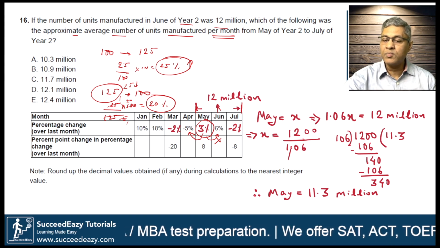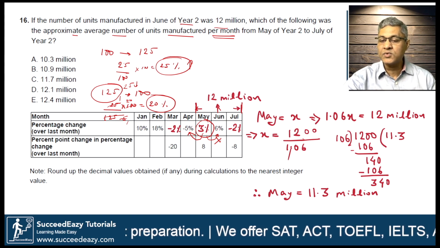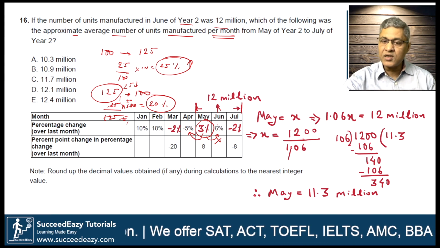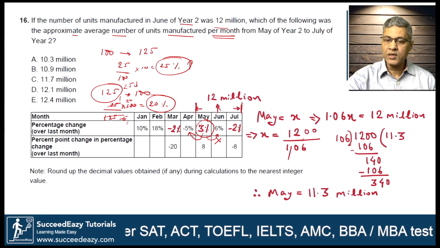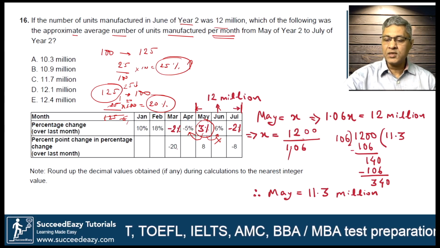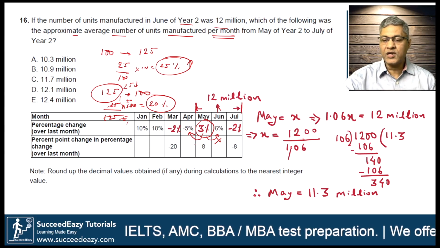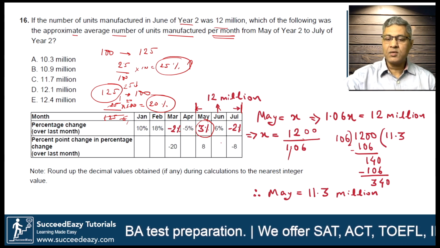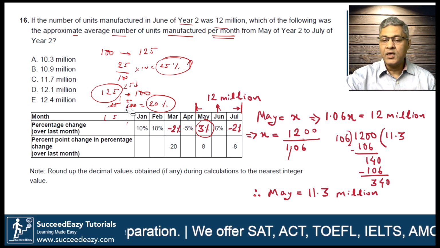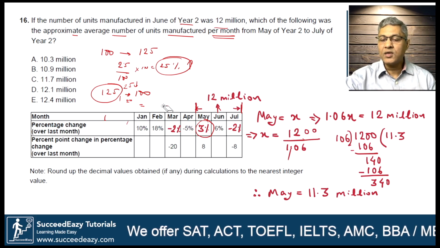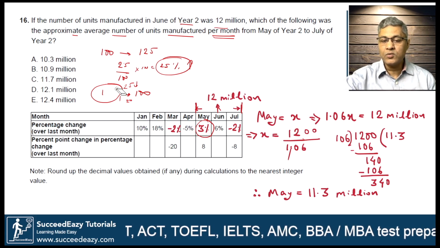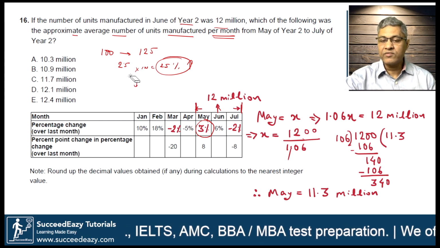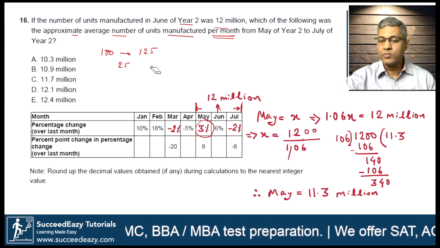It does not depend on the June figure. The June figure is 6% more than May, so the June figure depends on the May figure. Okay, so don't make that mistake. Even though, for data which is closely related and not very dispersed, sometimes you may get the same answer, that does not mean that the process is right. Sometimes you will do a disservice to yourself if you don't follow the proper process.